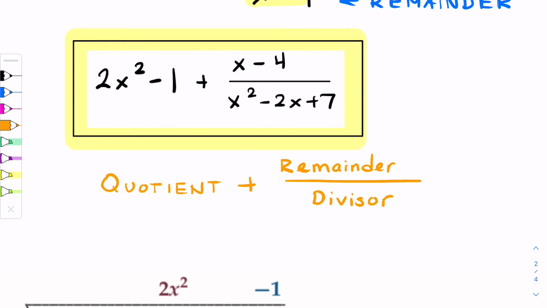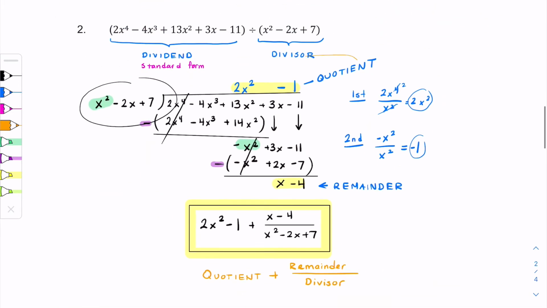So as long as you know what the quotient is, which is right here, what the divisor is, which is right here, and what your remainder is, then you should be able to follow this pattern and write that for every division problem.